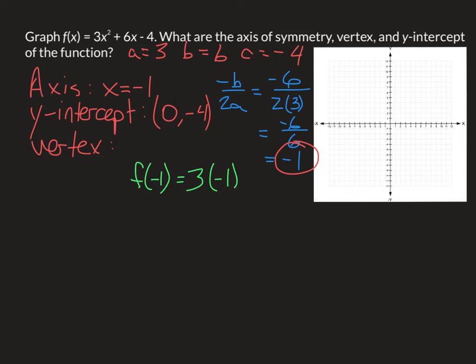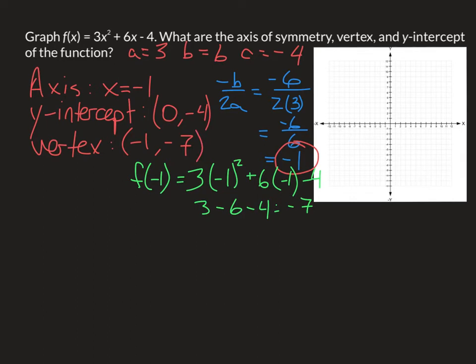So I have 3 times negative 1 squared plus 6 times negative 1 minus 4. Negative 1 squared is 1 times 3 makes 3. 6 times negative 1 is minus 6, and then minus 4. 3 minus 6 minus 4 equals a value of negative 7. So my vertex, we had an x value of negative 1, a y value of negative 7 that we just found.